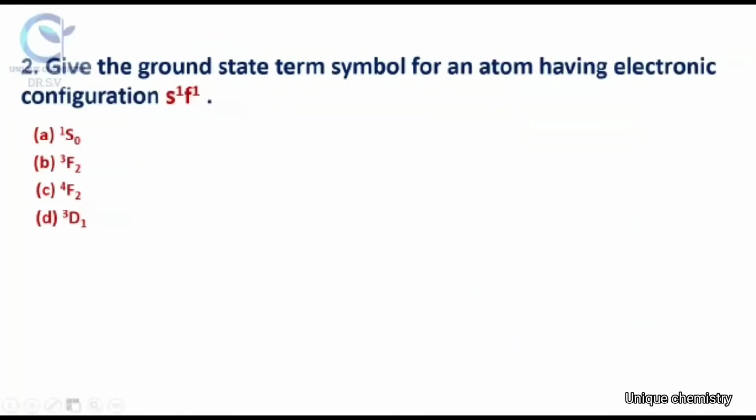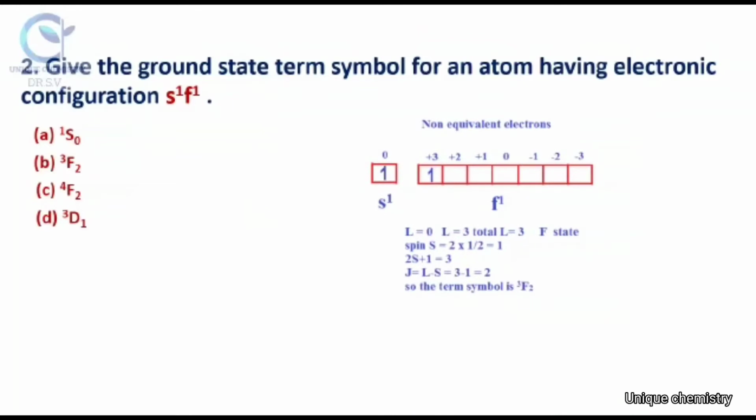Then question number 2. Give the ground state term symbol for an atom having electronic configuration s1 f1. The four options are singlet S0, triplet F2, quartet F2, triplet D1. Now you see the f orbital is involved here, and one s orbital and one f orbital.